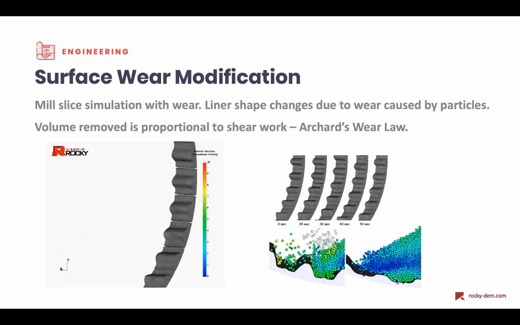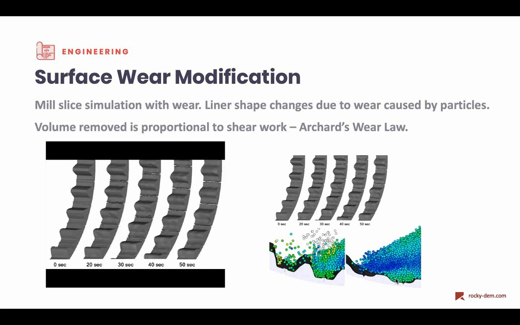And you can, during the simulation, see the effect, for example, on the particle lifting performance if I have this geometry change happening during the process. So Rocky can predict in a very accurate manner the surface wear that is happening within your process.